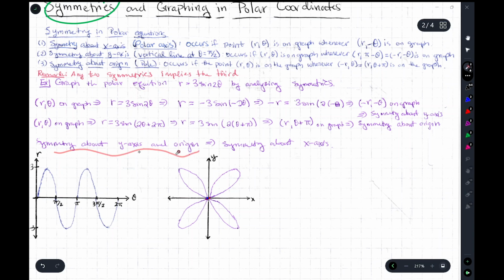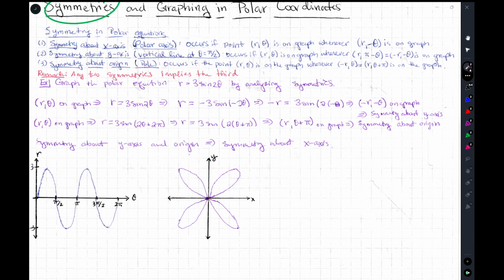Symmetry about the y-axis and the origin, so two of them, imply symmetry about x. Okay, so we showed two, which implies the third. If we want to show symmetry about the x-axis directly, again, it's not so clear because you'll have this negative r, you'll have r, negative theta, you'll get a minus sign out there. And it turns out that the point is on the curve, but because of that minus sign, it's less clear.